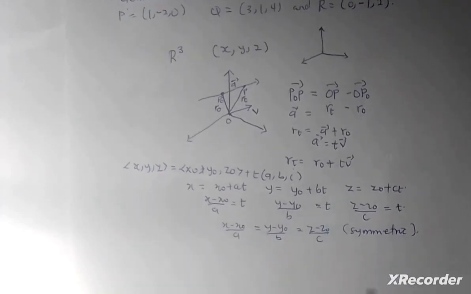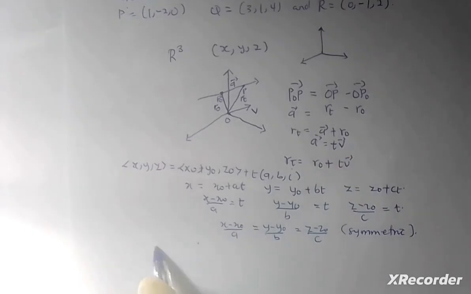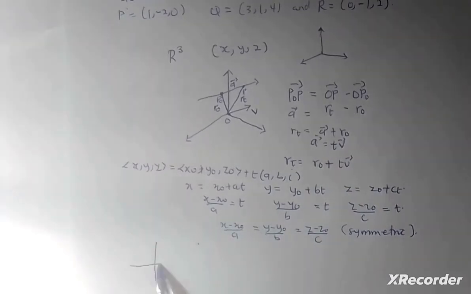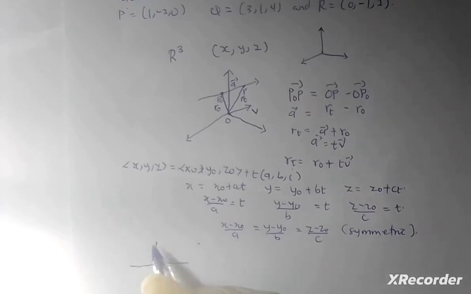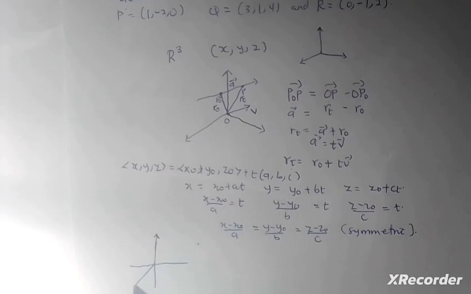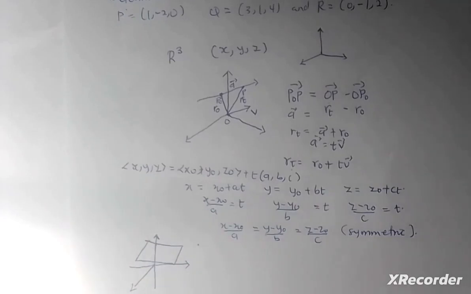So for a plane, I'm going to draw another 3D plane for consideration. I said always the upward is your z axis. So I'm going to draw this here. If I have a plane that looks this way, it's a 2D. If I have a plane in this 3D, then a plane is defined by what we call the normal vector.